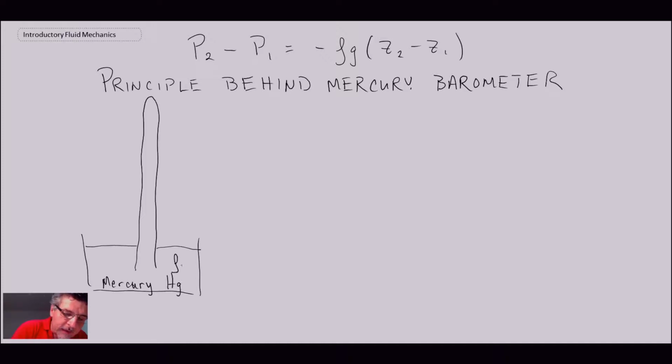And so the density of mercury, rho Hg, and here we have atmospheric pressure acting on the outside, and what they would do is form a vacuum, and so the pressure here would be roughly equal to 0.